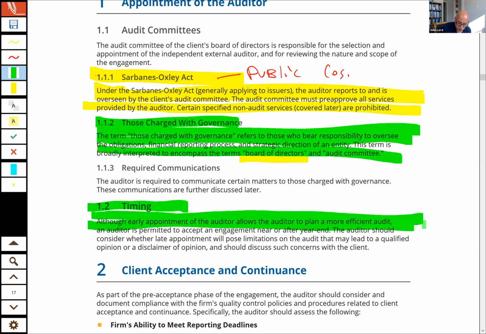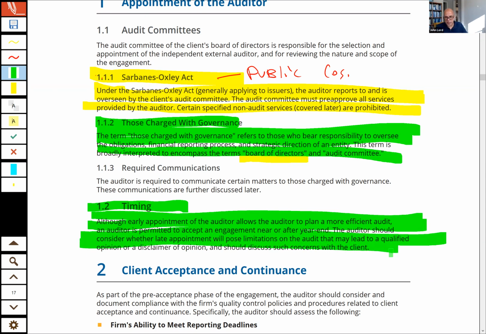You probably want to appoint the auditor before the year starts, but it is okay to appoint the auditor after the start of the year, or even after the end of the year. You may have to do that. And if that's the case, then you may have to make special considerations in how you're going to conduct that audit.